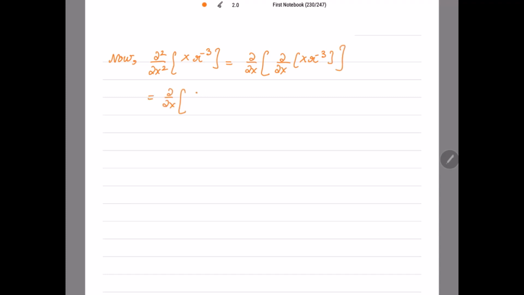Its first function derivative, of r the power minus 3, is minus 3 r the power minus 4 curly r over curly x, plus the second function and derivative of the first function, that is x, which is 1. Now we put the value of curly r over curly x, which is x over r. So I got minus 3x square r the power minus 5 plus r the power minus 3.